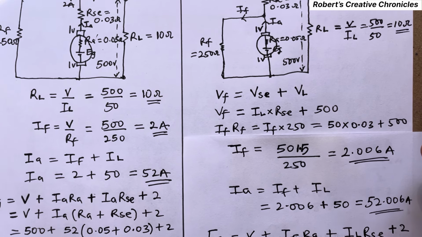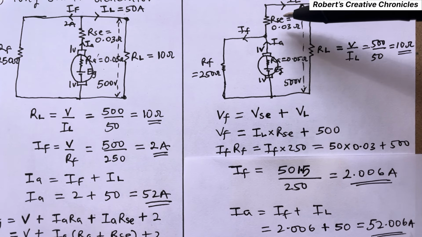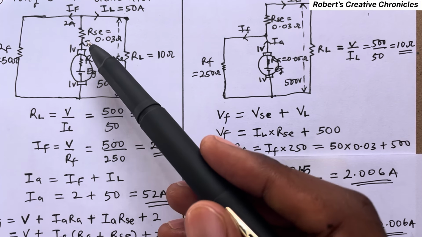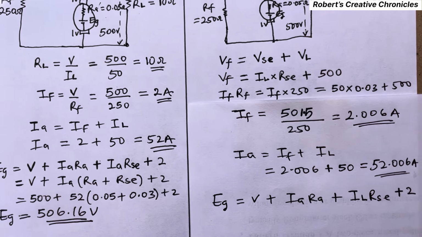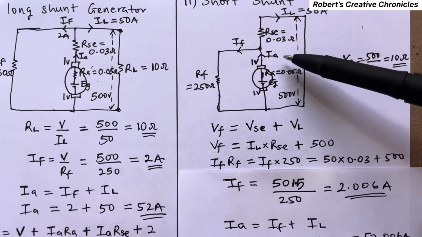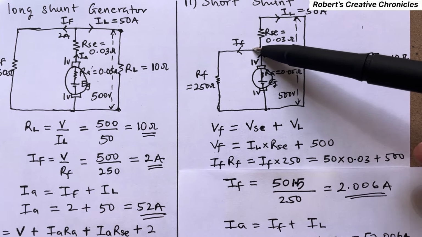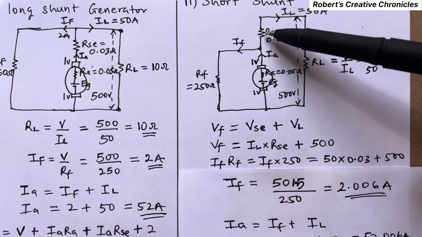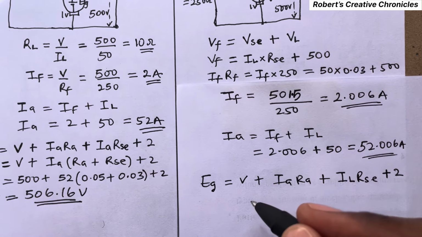You have to make sure that the current that flows through the resistor is the one that multiplies that resistor. Because here IA flows through both of these resistors, that's why the formula is this way. And in this one, IA does not flow through this resistor. It divides at this point into IF and IL. It is IL that flows through this. Hence the formula. So now we can substitute the parameters.